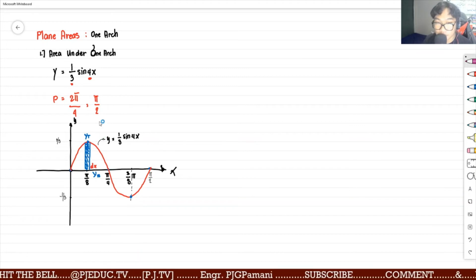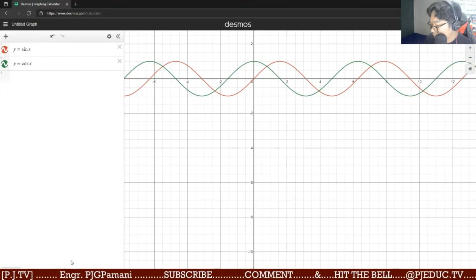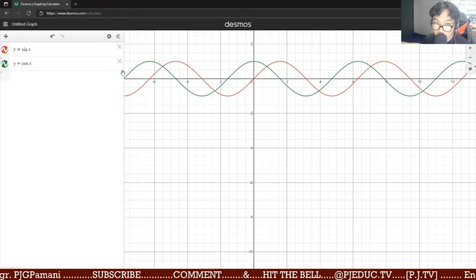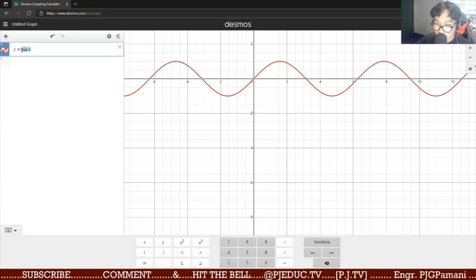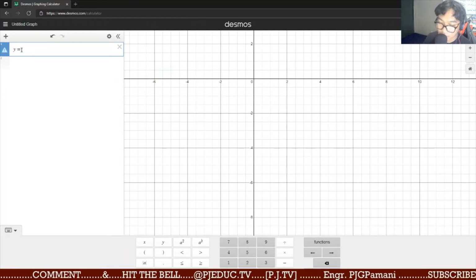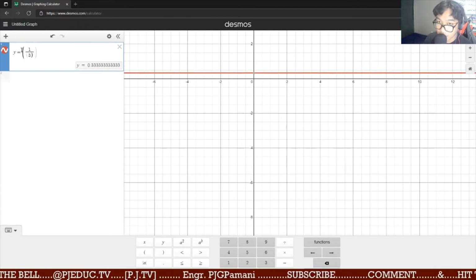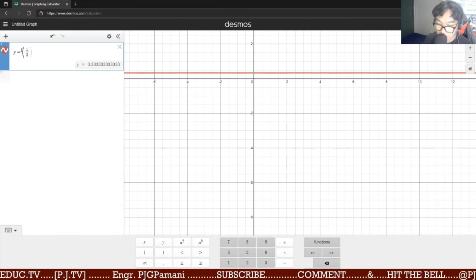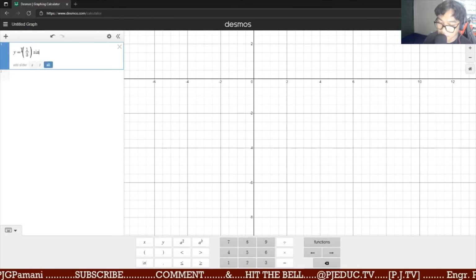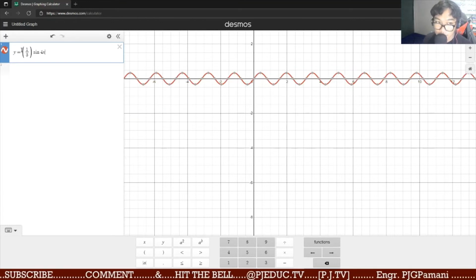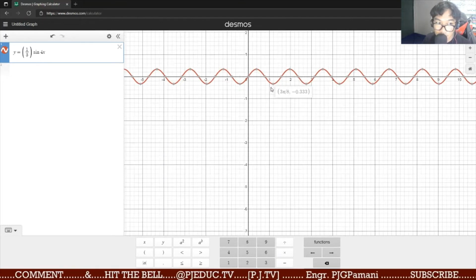Okay? Check natin yung ating curve dito sa ating graph. Kung tama. That is 1/3 of sine 4x. So, ito yung ating curve.